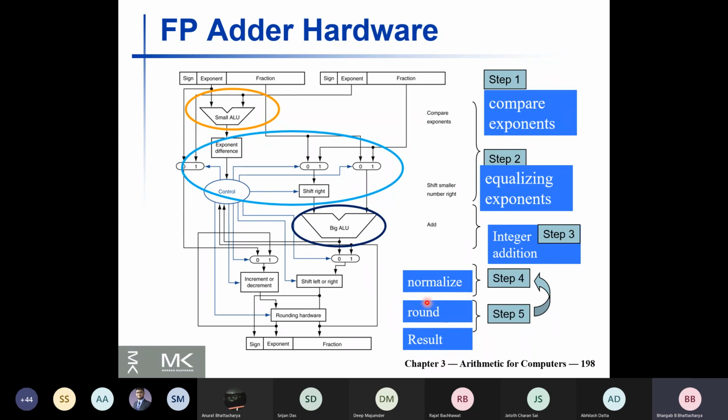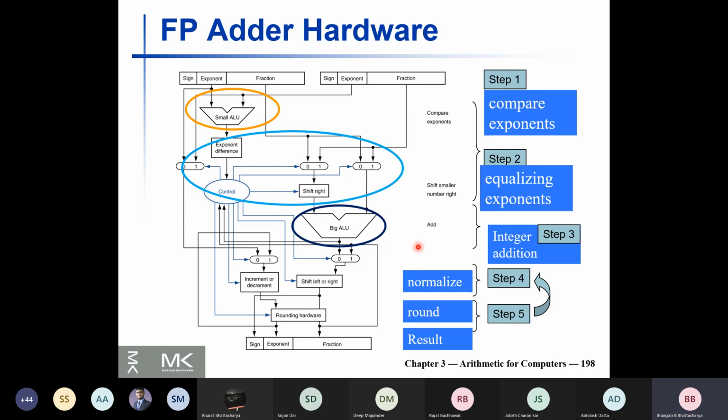Those bits are buffer bits, like guard, round and sticky bits. They keep 3 extra bits so that whenever you shift, the bits are not lost. And similarly, those extra bits help you get this result rounded up to 23 bits and so on.